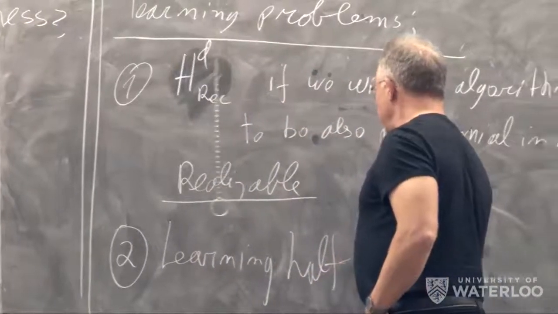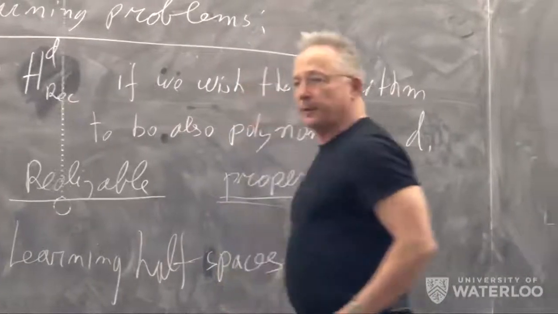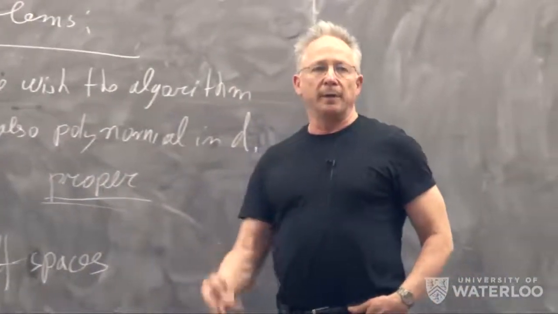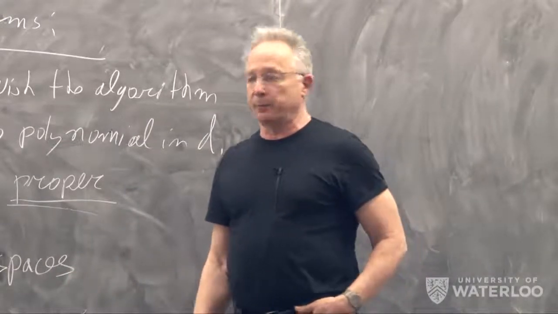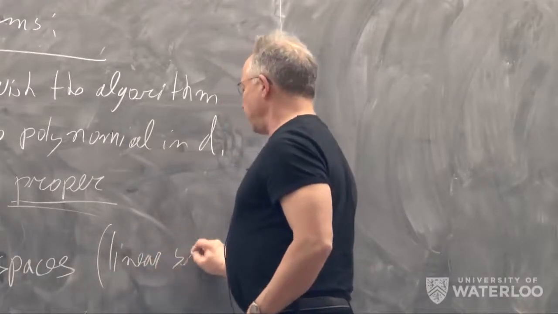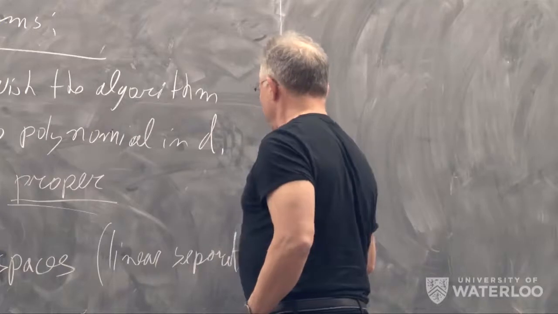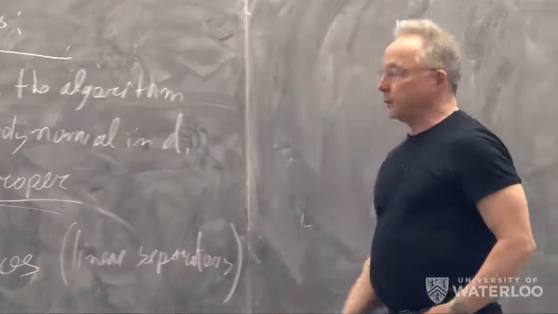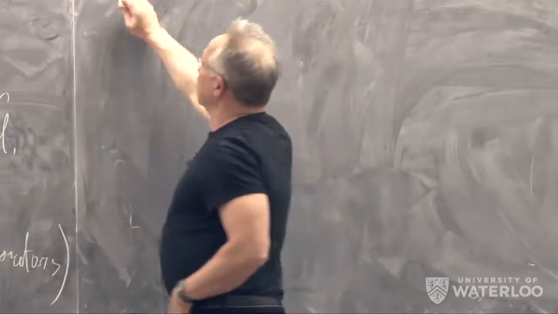And that's a problem we will talk about more in the rest of the course, because we will get into more and more practical algorithms, and learning half spaces is learning linear separators, right? Linear separators is a very important problem. And it turns out that here we can do it.